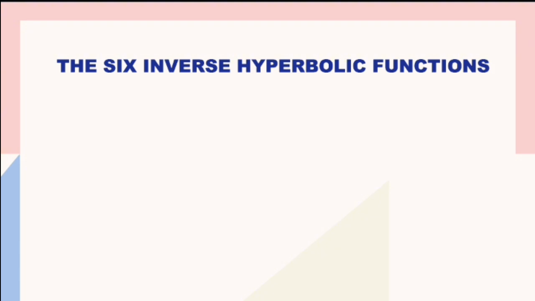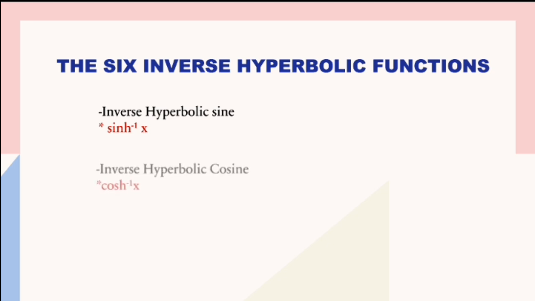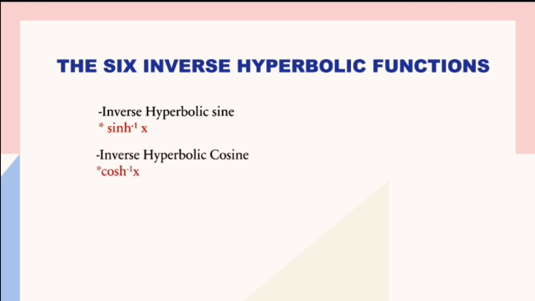First, we have the inverse hyperbolic sine, denoted as arcsinh x. Next is the inverse hyperbolic cosine, denoted as arccosh x. The third one is the inverse hyperbolic tangent, known as arctanh x.